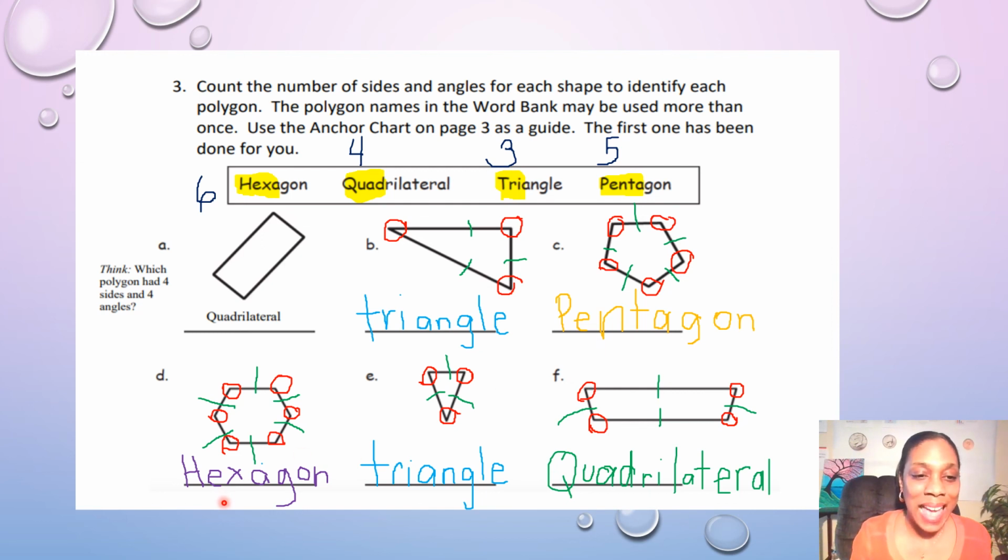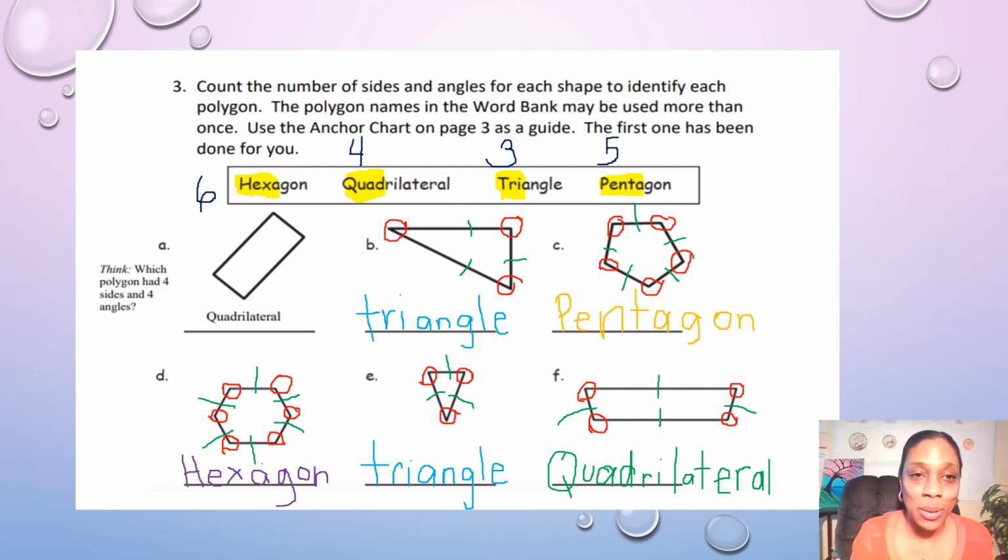When I looked at D, D has 6 sides and 6 angles. Therefore, it is called a hexagon. E is also a triangle because it has 3 sides and 3 angles. And last but not least is F. F is a quadrilateral because it has 4 sides and 4 angles.